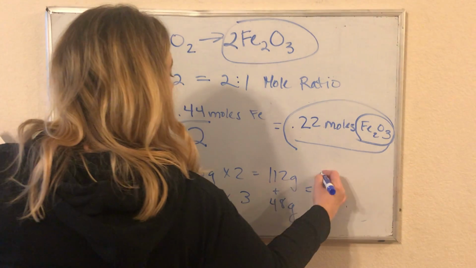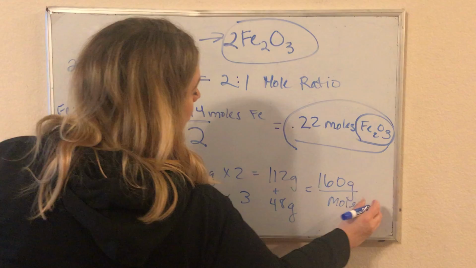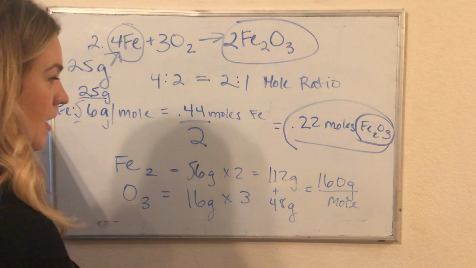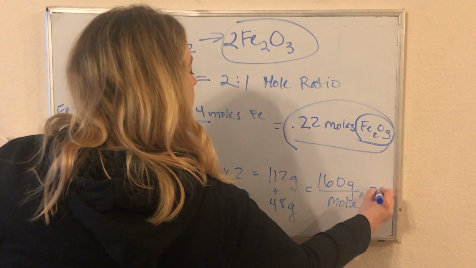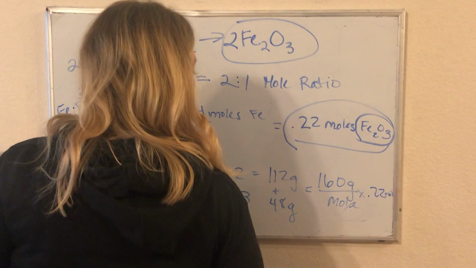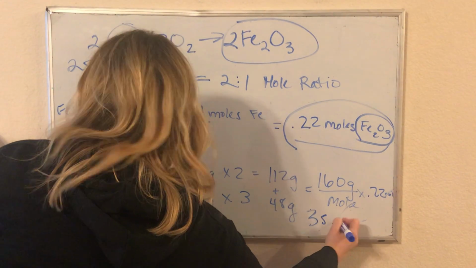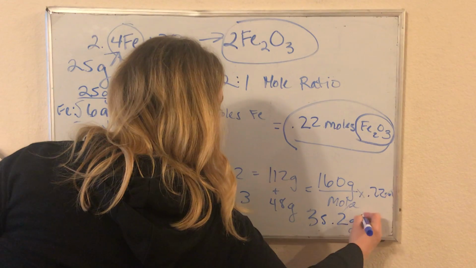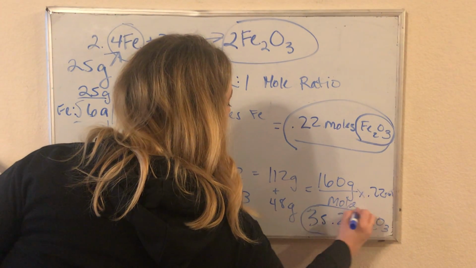And that equals 160 grams per mole. That's how much iron oxide weighs. And if we have 0.22 moles of that, that ends up equaling 35.2 grams of iron oxide. And that is your answer.